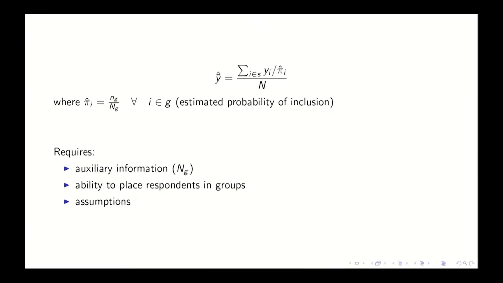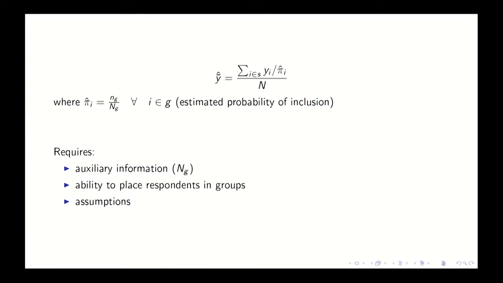Right here, I've drawn this as a one-dimensional way of splitting up the population, but you can also split it up in 2 dimensions or 3 dimensions, and so on. So another way to write this down is we are estimating each person's probability of inclusion based on the number of people in the sample in a certain group and the number of people in the population in that group.